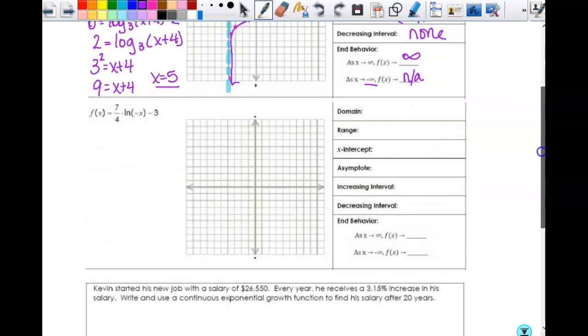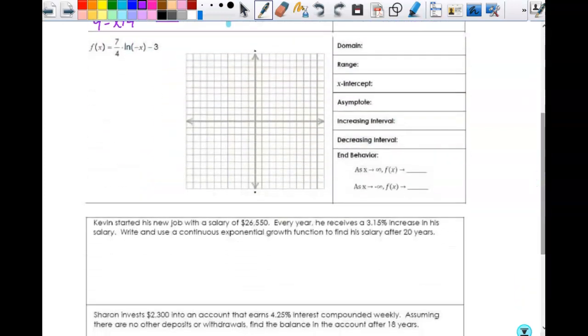Okay, next one. I'm going to rewrite my parent function in exponential form. So e to the y power equals x. Then I have a vertical stretch by 7/4. I'm going to reflect in the y-axis, and then I'm also going to go down 3. Okay? So my asymptote is vertical.